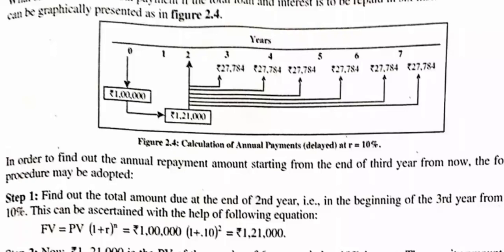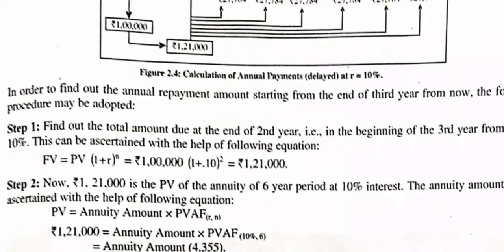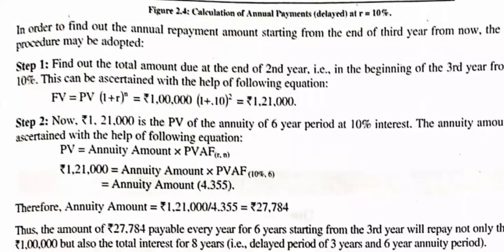Let us see it by a diagram. 1 lakh rupees you are taking as a loan, right? So 1,21,000 is the future value of it. So we need to calculate the annuity value of it. How do we calculate the annuity value? That is 1,21,000 divided by the present value interest factor of annuity.